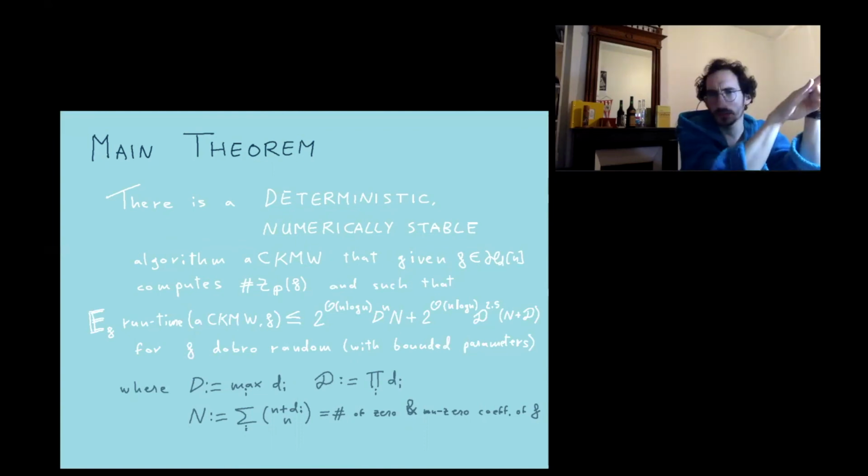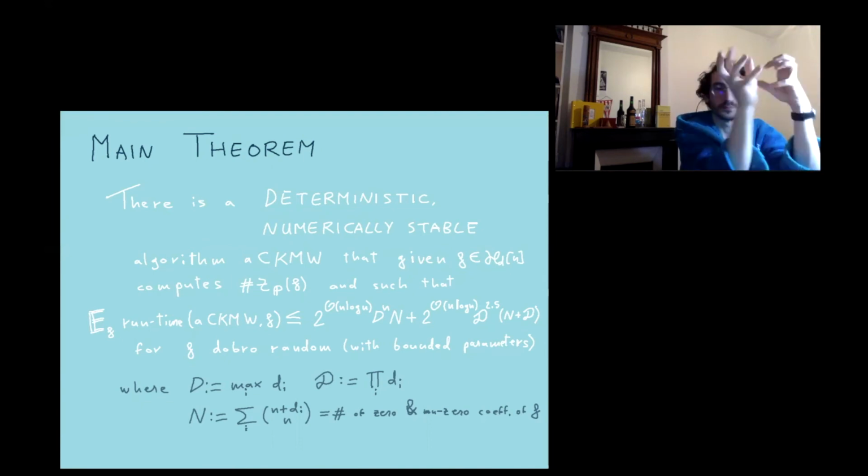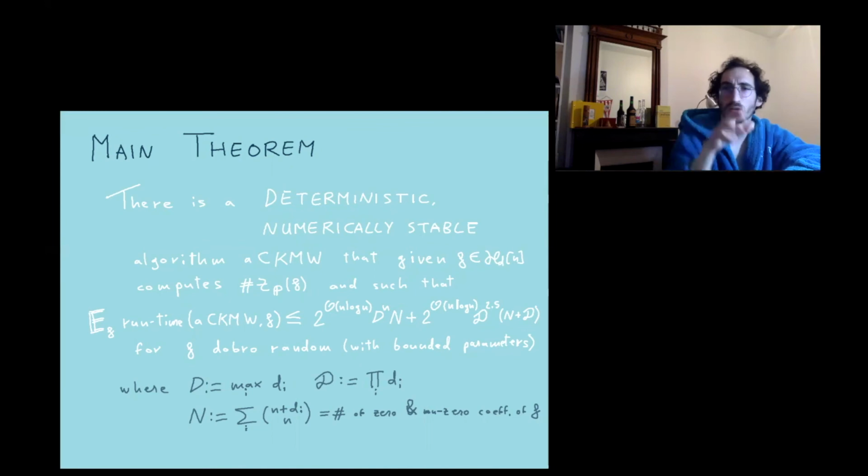The first summand is a consequence of working with the infinity norm. So this is the summand that comes from the computation of the infinity norms. And the second summand comes from the actual computation that we are making. And this bound holds for Dobro random polynomial systems.